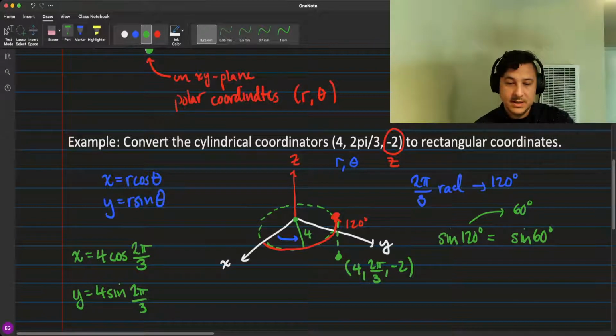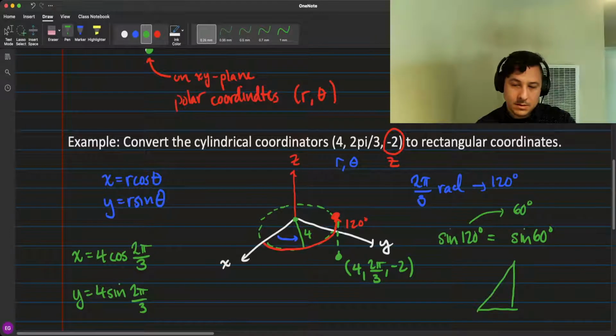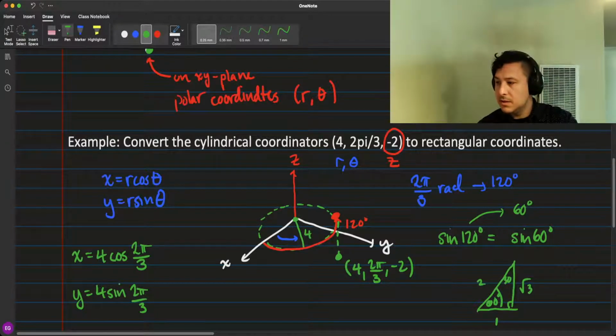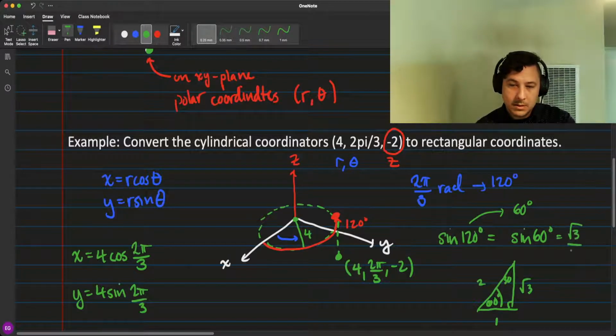So let's draw a 30, 60, 90 triangle, because I never remember these values off the top of my head. So there's 60, there's 30, you have a 1, you have a root 3, and a 2. So I want the sine of 60, which is root 3 over 2. Okay, then what about the cosine of 60? The cosine of 60 is half.